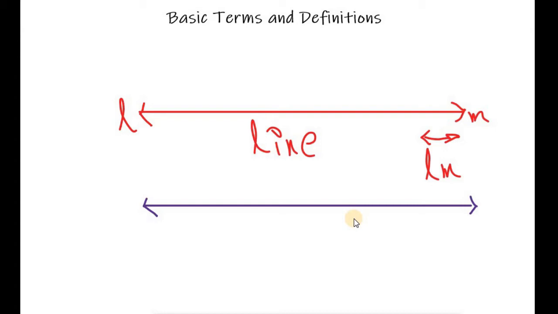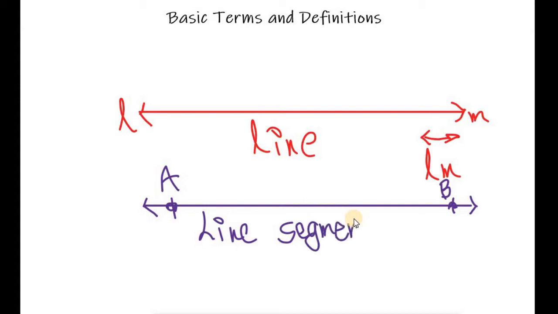But in the next diagram, I am keeping two points over here and naming them A and B. If we take the part from A to B, what does it become? It becomes nothing but a line segment.